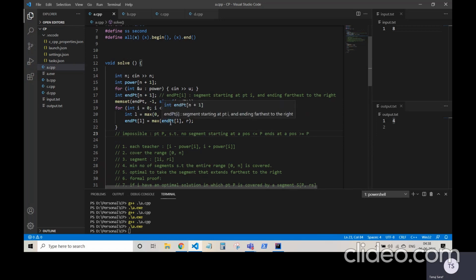Any segment had to start before P, and it had to end after P. If this does not happen for any single point, then the answer is impossible and we must print -1.